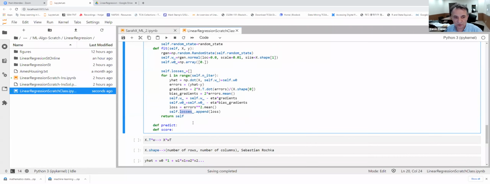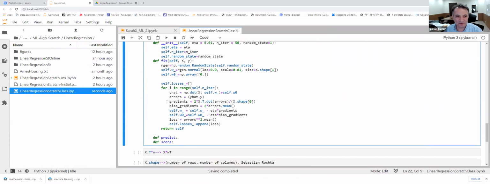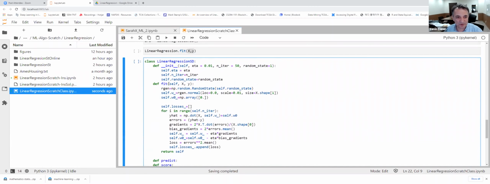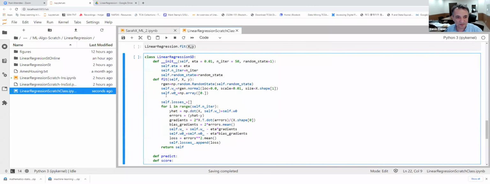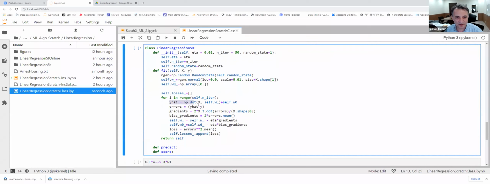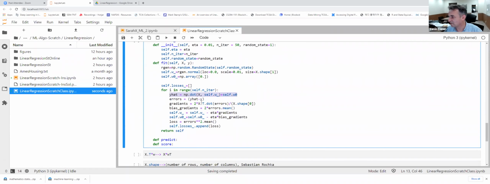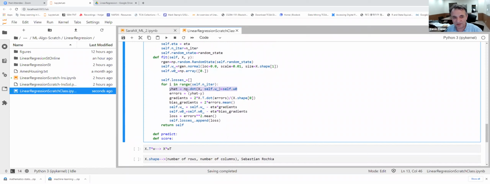Okay, guys. So we are done with the most difficult part. The rest will be much simpler. Remember what we did here? Let me see. This one, right? This one is actually prediction. Look, I'm multiplying X with W and then adding W0.